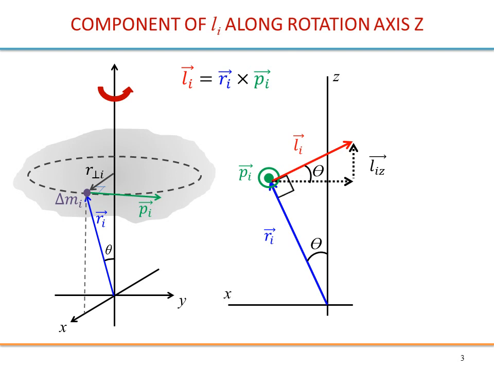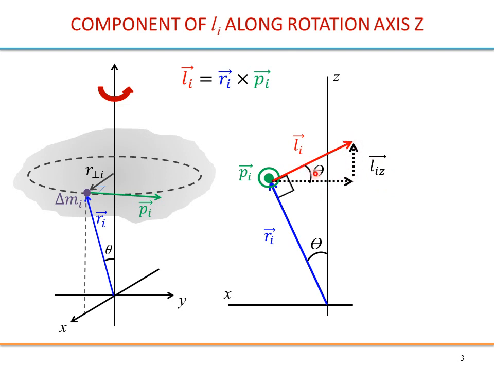Alright, so we do have Ri and Pi perpendicular. So in that case Pi is out of page. So this is the vector. Li by definition is perpendicular to Ri and to Pi. Therefore it is here. We want to sum the z components of the Li's, so we want to sum the Liz component.